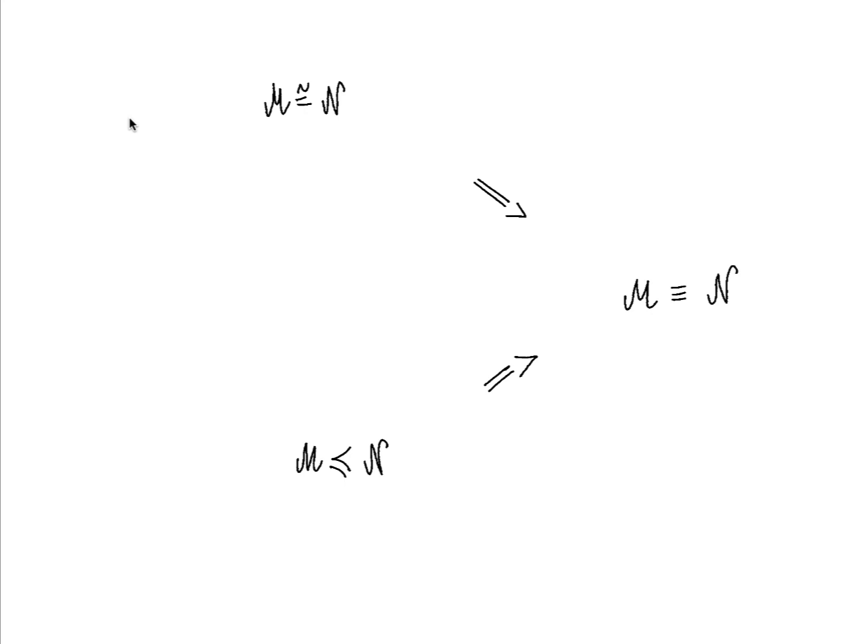So for example, look at two structures. One is the natural numbers with the less than relation, and the other structure is the natural numbers where we take out 0 and also look at the less than relation. These two structures are obviously isomorphic if we map n to n plus 1. But now we could look at the formula with one free variable, phi of y, being not exists x less than y.